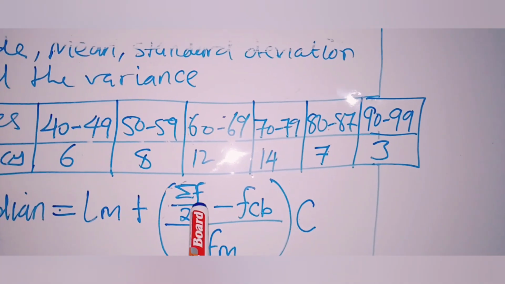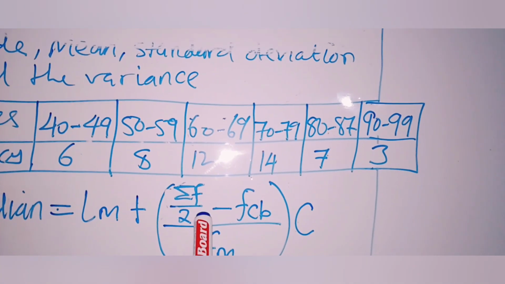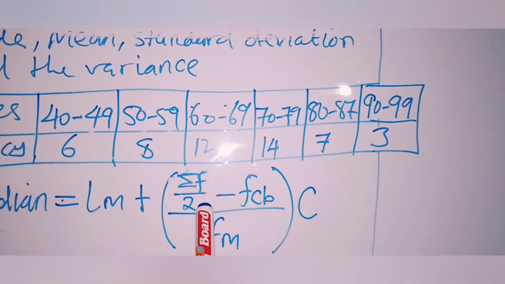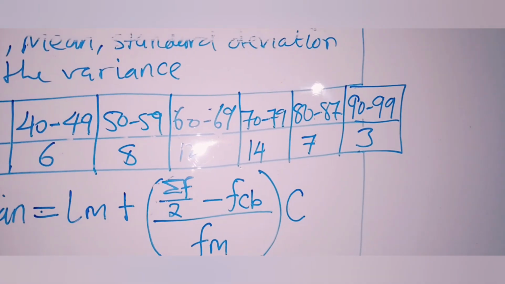So this is the sum of the frequency. Sum means you add. Now 50 you divide by what? By 2. That is 25.